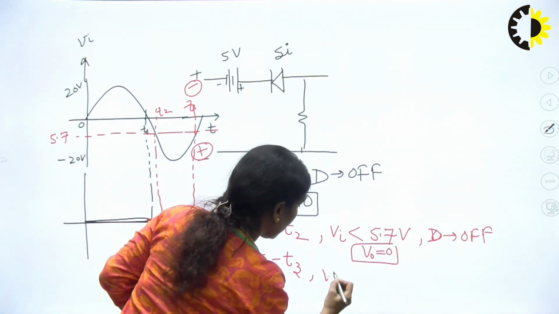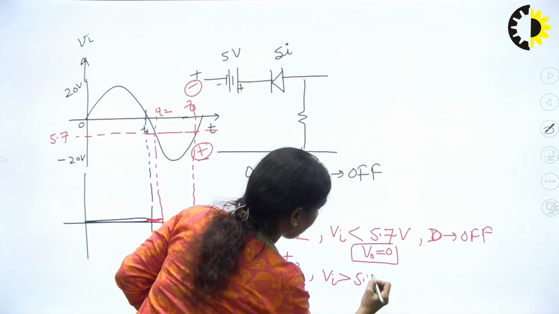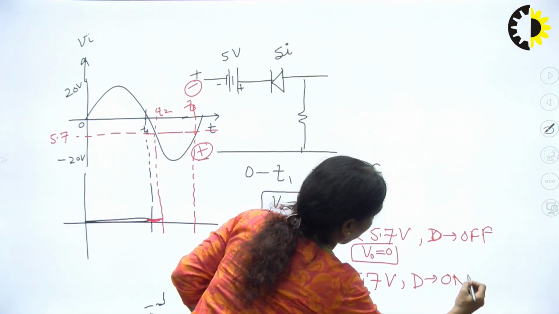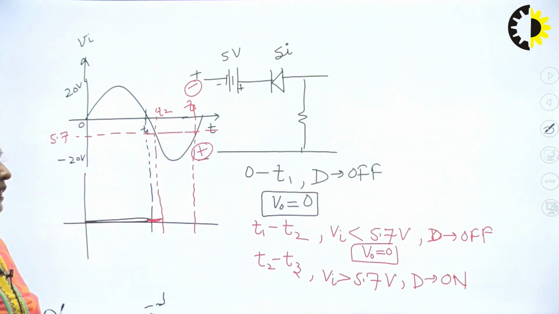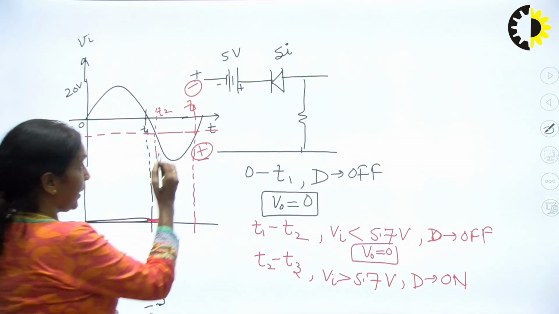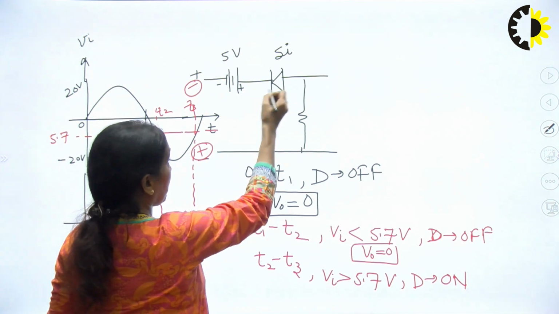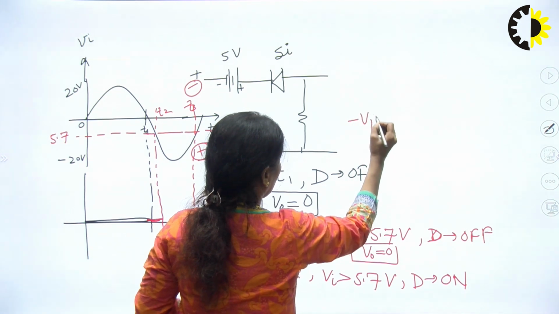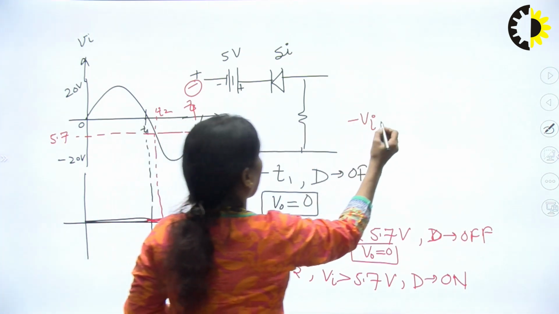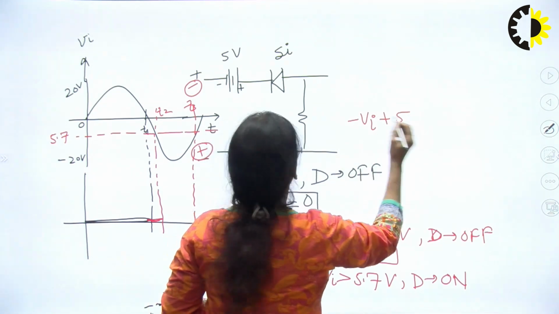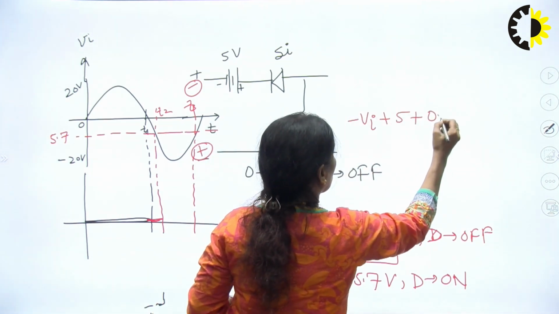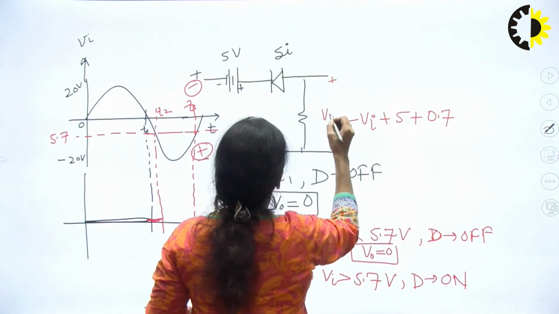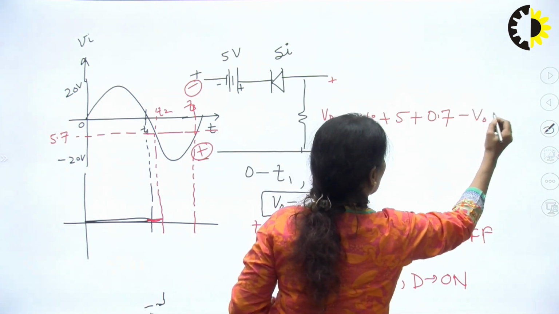So, as soon as your Vi is greater than 5.7 volts, your diode will be on, and if your diode is in the on state, that means it will be replaced by a battery of 0.7, and if I write the KVL here, my KVL will be minus Vi plus 5 plus 0.7 minus V naught is equal to 0.